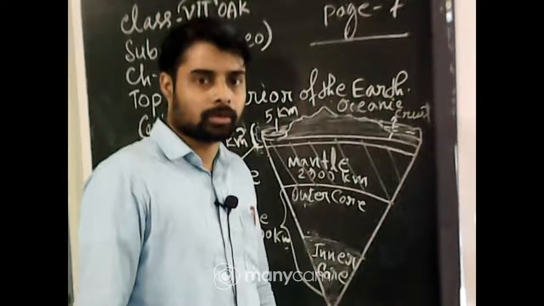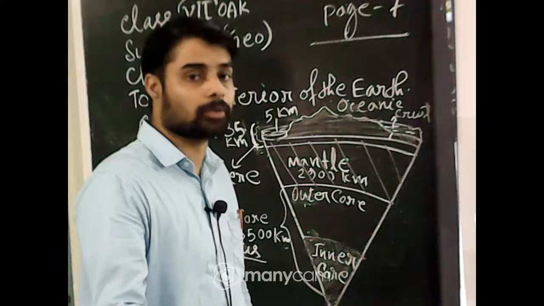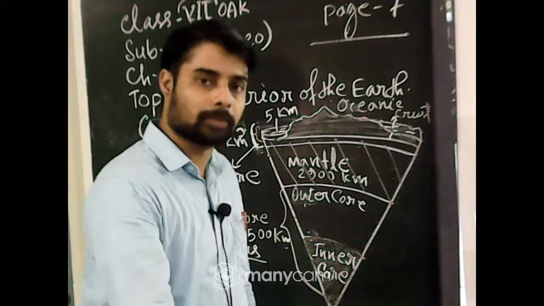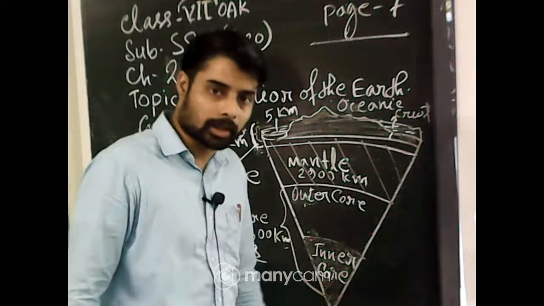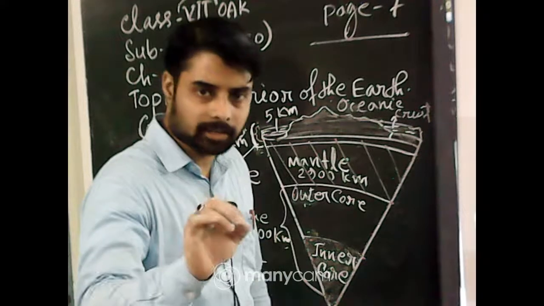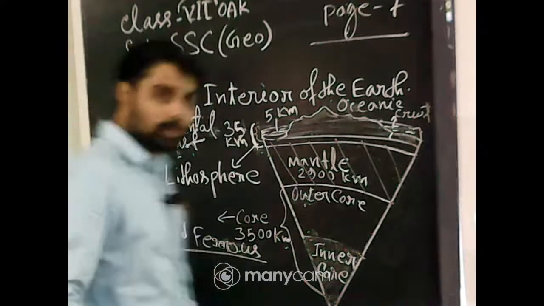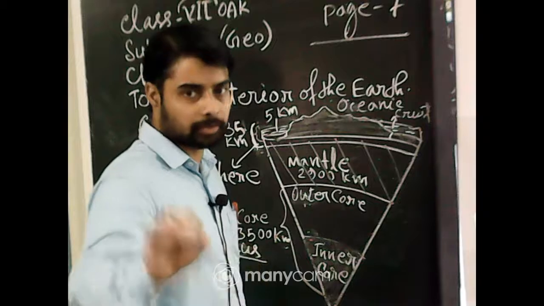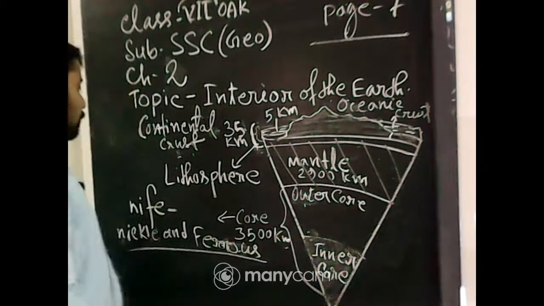If we go 5 kilometers deep from the ocean surface, that much portion is called the oceanic crust, and the main component of oceanic crust is SIMA, silicon and magnesium. Magnesium is a metal and silicon is present in the sand.